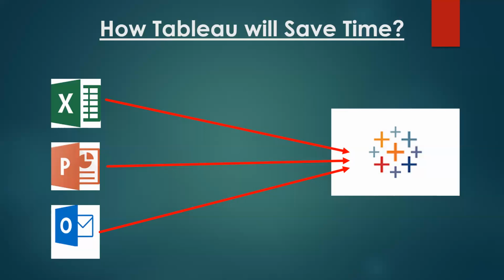The same goes when we are trying to send the work through Outlook. If we have performed a certain amount of work and ultimately have to send it to the end user using Outlook, Tableau can do the same work.